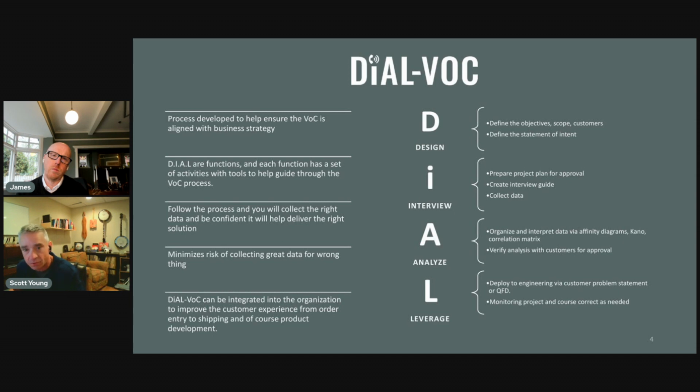It minimizes the risk of collecting the wrong data, helps you understand on the analysis side what you've collected a little bit better, and most importantly, it helps to maintain the complete path from the objective of the VOC to the organization's strategic plan for the long term. Today, we're going to be looking at one of the most important aspects of this, which is the design function.